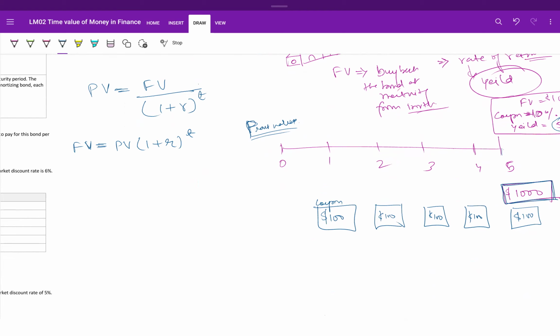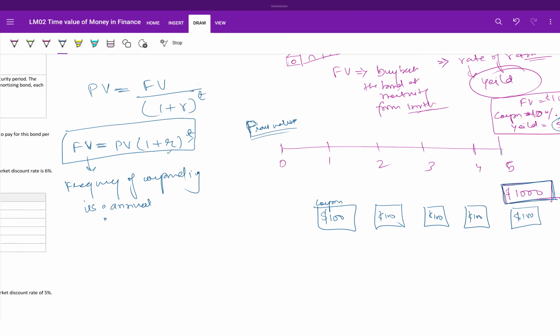So this is the formula we use when the frequency of compounding is annual. When the frequency changes, we change the rate and the time also.